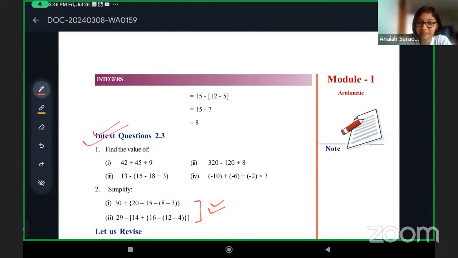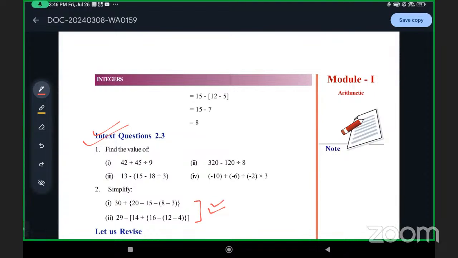It's a short chapter, ma'am. Yes, it's a short chapter. Ma'am, when is the test for this chapter? Next week. Next week is the science test also, right, ma'am? Chapter 3. Yes, science test also, maths test too.